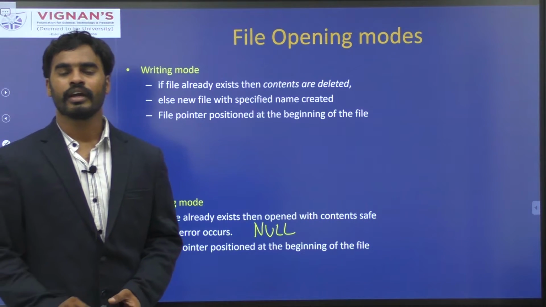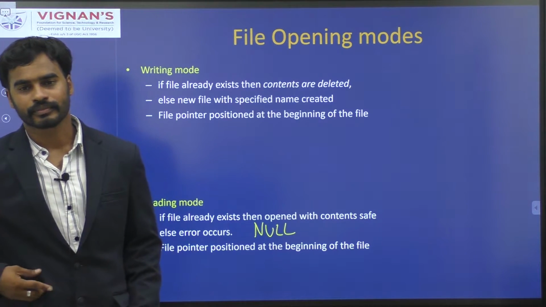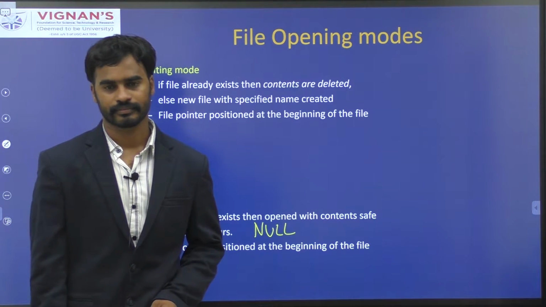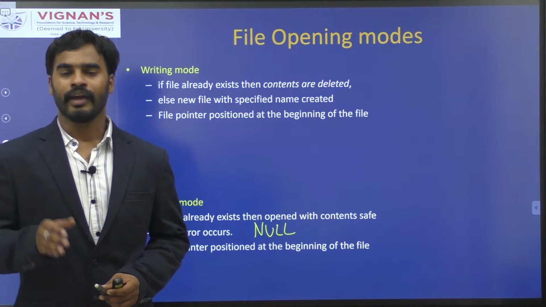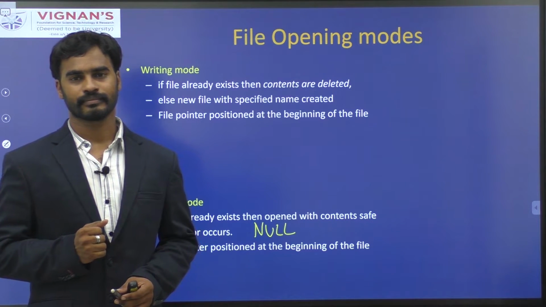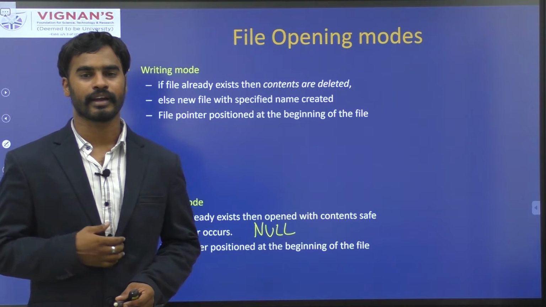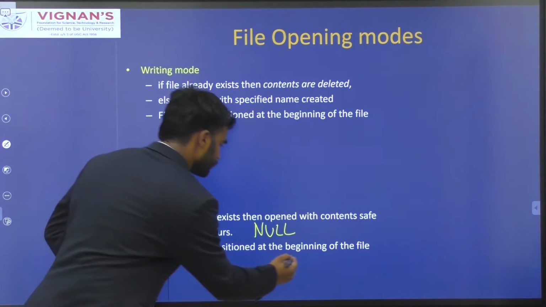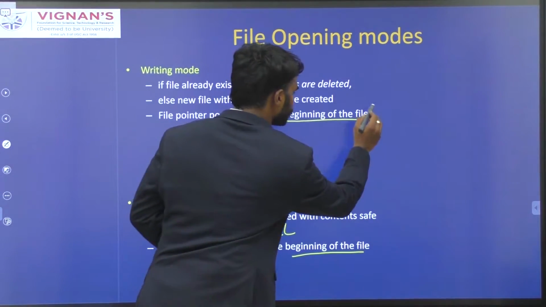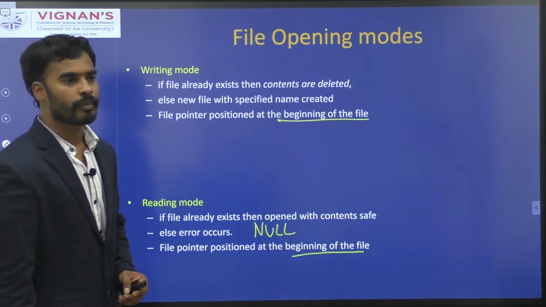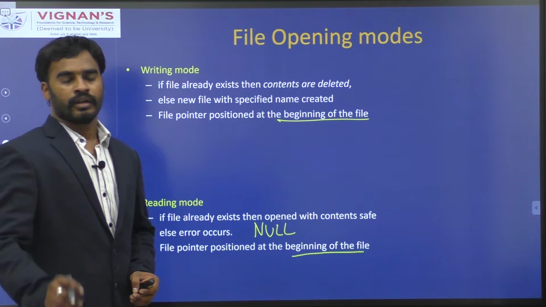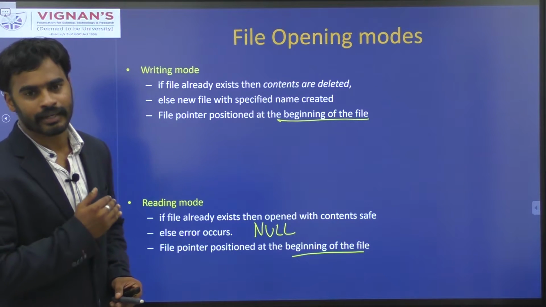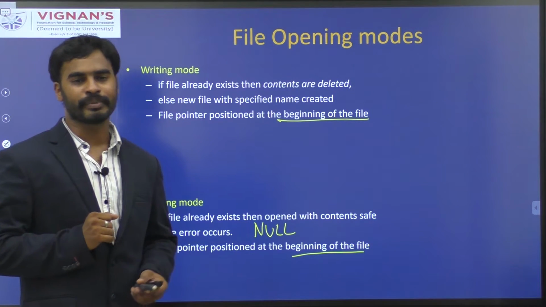And the next one is writing mode. If you try to open a file in writing mode and the file already exists, it will open the file by erasing the contents of that file, and the file pointer returns to the beginning of the file.